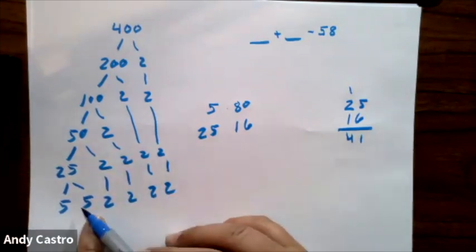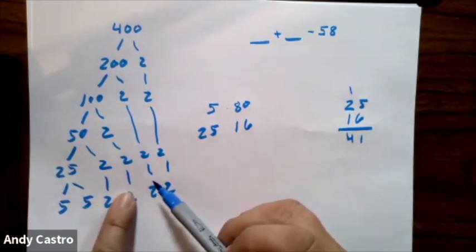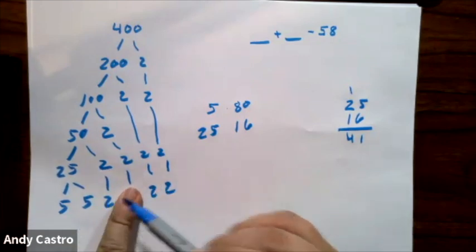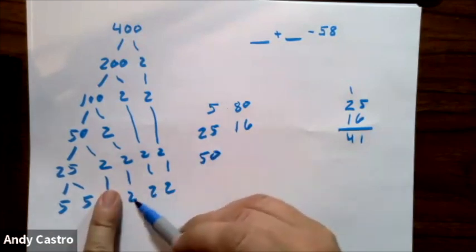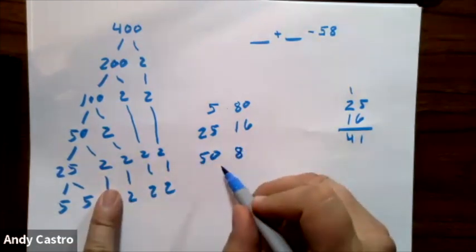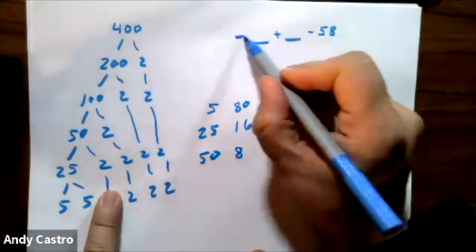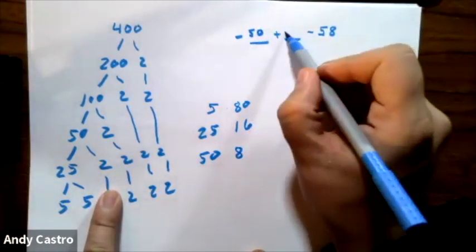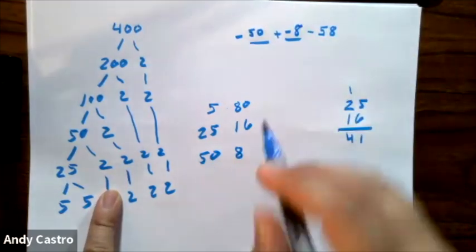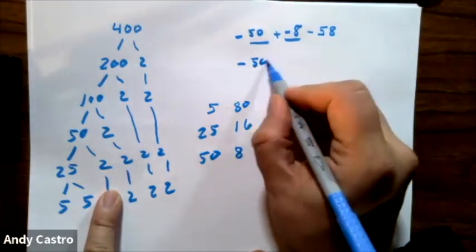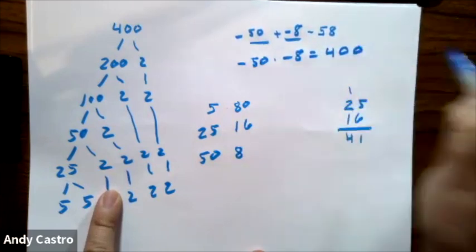Then we can do 25 times 2, that would give me 50. And then I'd have 2 times 2 times 2, which is 8. So 50 and 8 I know can work. Negative 50 plus negative 8 would give me negative 58. And if I multiply negative 50 times negative 8, that would give me 400.